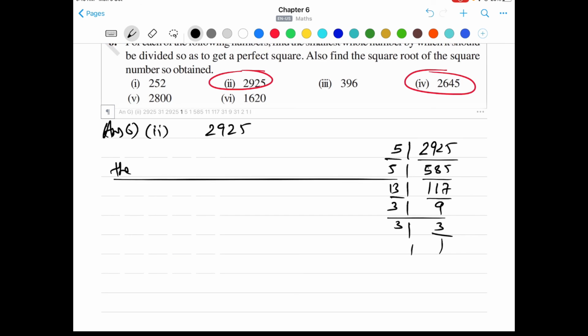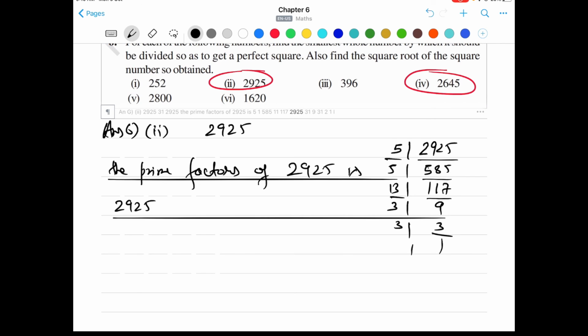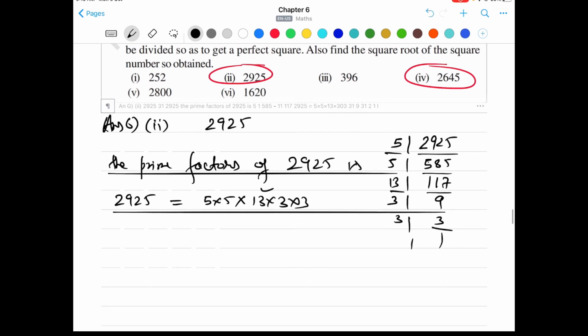So I'll write the prime factors of 2925. Write the number here, 2925 equals 5 into 5 into 13 into 3 into 3. So we are not getting the pair of number 13 here.